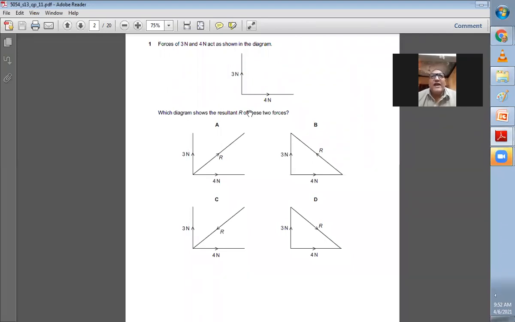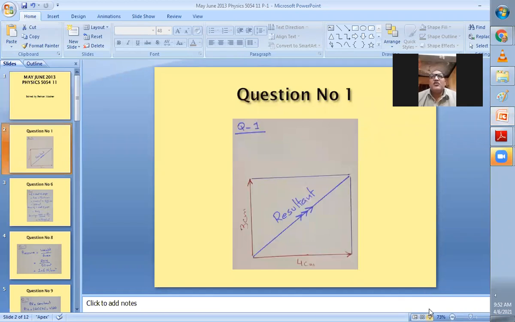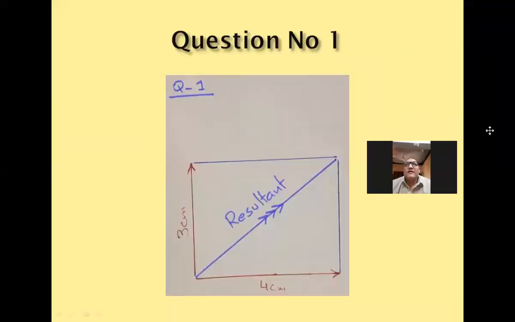If you have two vectors like this and you want to add them, the methodology is very simple. You put those two vectors in such a way that their tails are joined together. And the method I'm going to use to add these vectors is the parallelogram law.